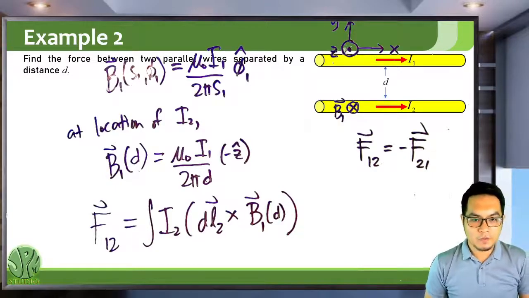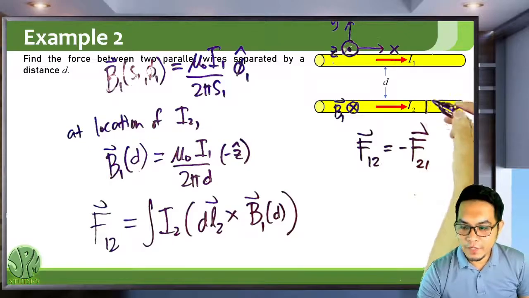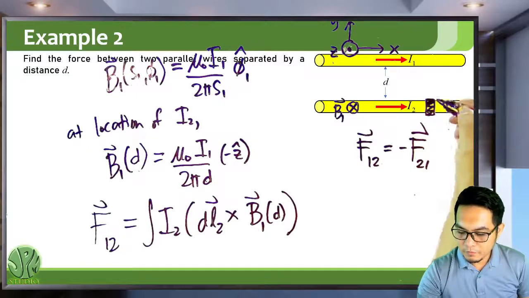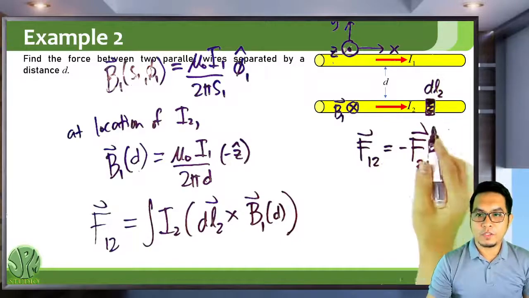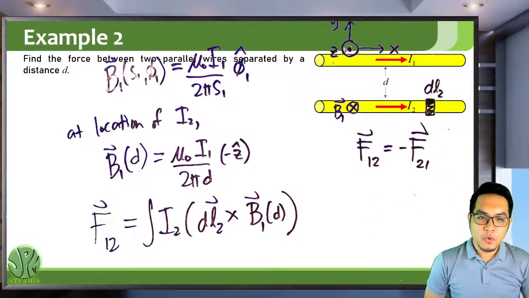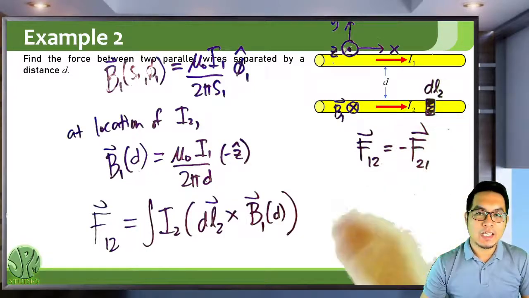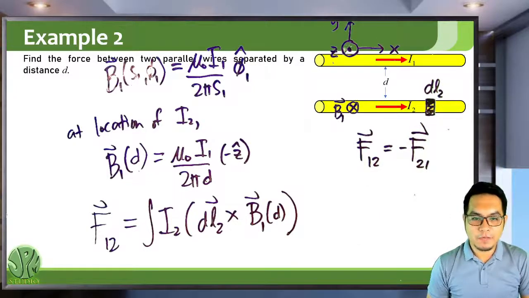So it is I L cross B. Every differential element dL2 in wire number 2 will experience a differential force. If you integrate all of that, you will get the total force experienced by all the differential current elements, or the differential length elements.